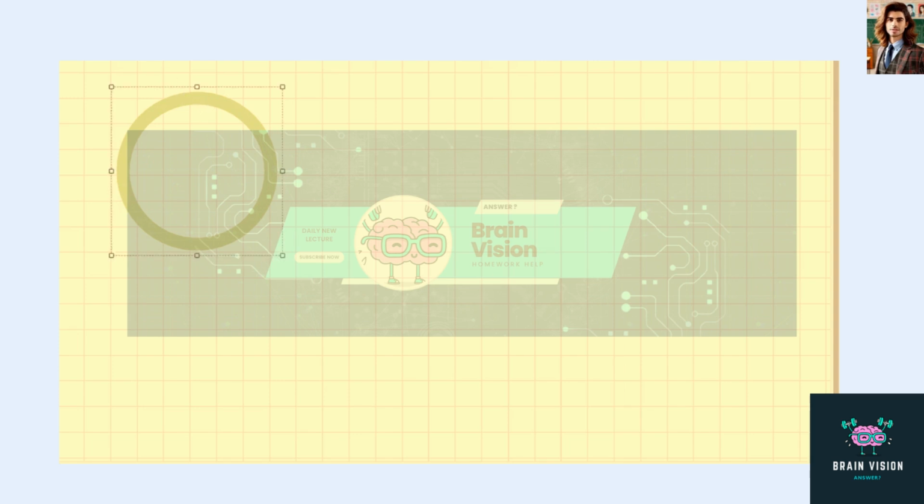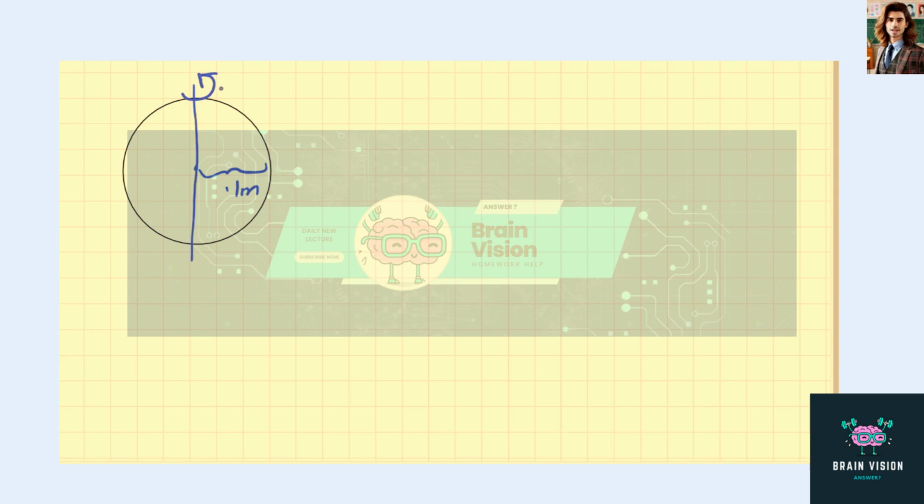Okay, so here is our hoop. It has a diameter of 0.1 meters. It is rotating this way at omega.